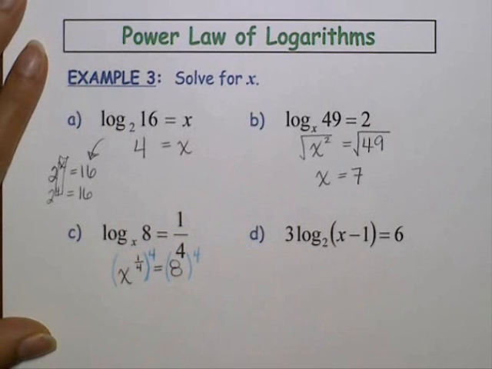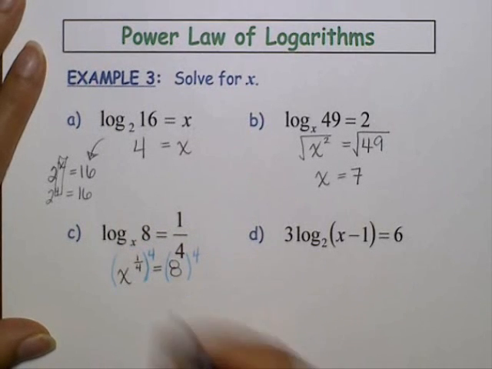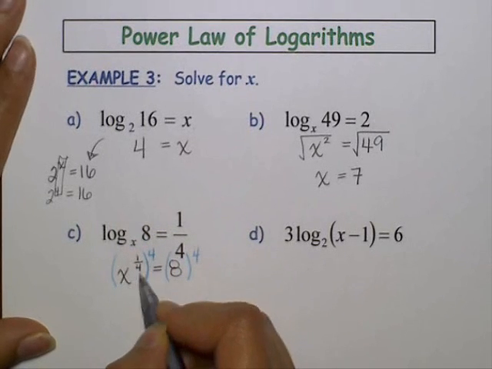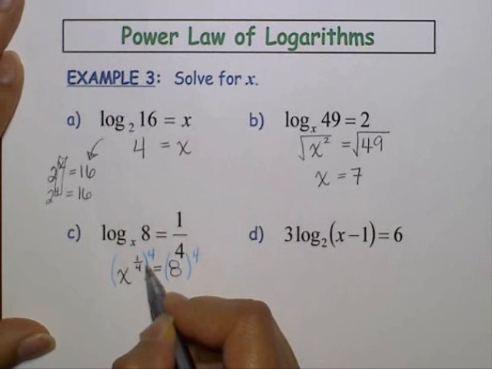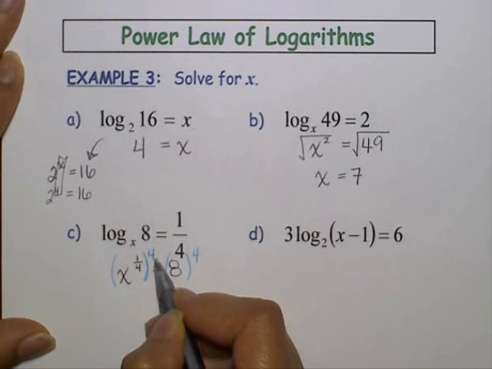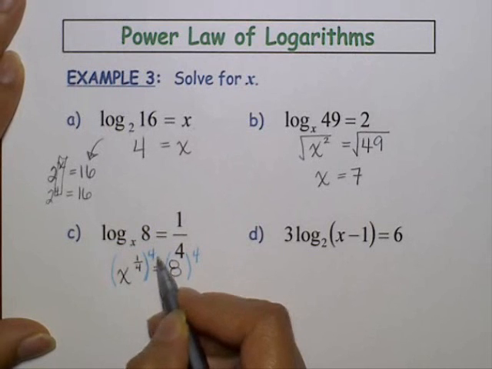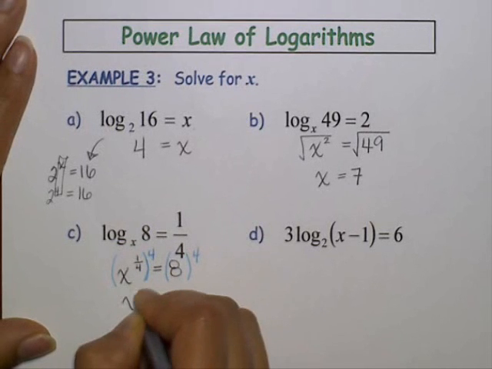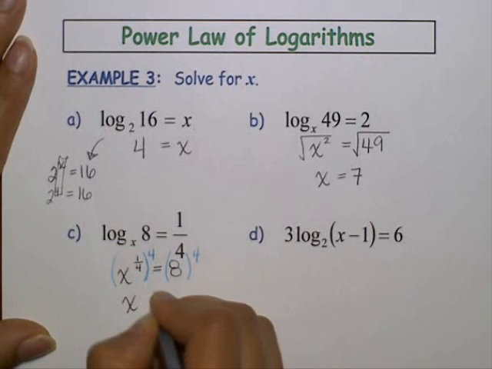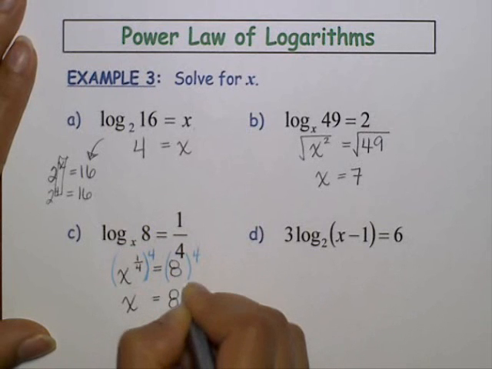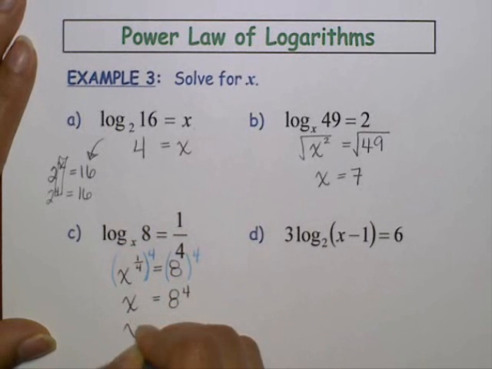And so what will end up happening is I get a power of a power, and I know that if I multiply a quarter times 4, I get an answer of 1. And so what this will result in is x to the exponent 1 is equal to 8 to the exponent 4. So now I have the x isolated, no other exponent other than a 1 on it.